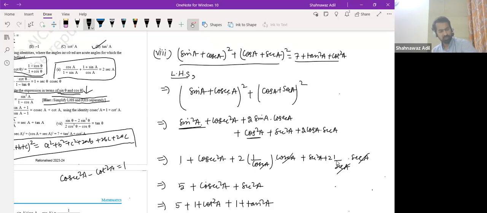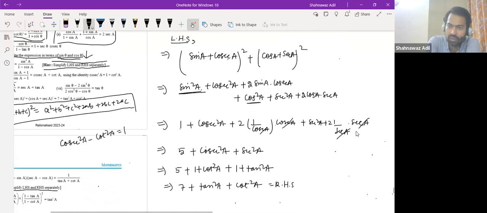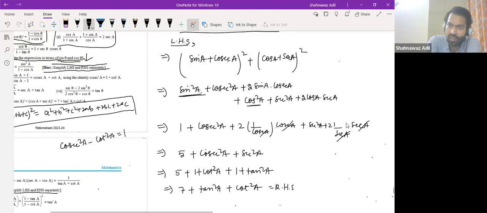Whenever you guys want me to scroll down the screen, tell me. So here, sec² A plus 2, 1 by sec A multiplied by sec A. This is 1 by sec A, and in the numerator this cos A is replaced by 1 by sec A, the reciprocal, and then it is multiplied with sec A. Similarly, what we did in sin A into cos A, we did the same thing.